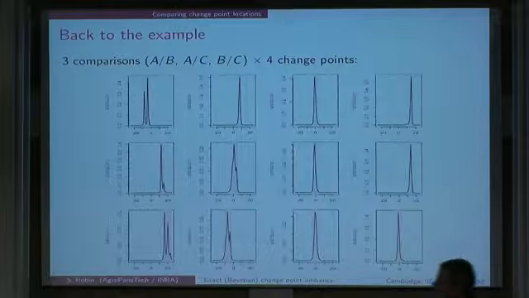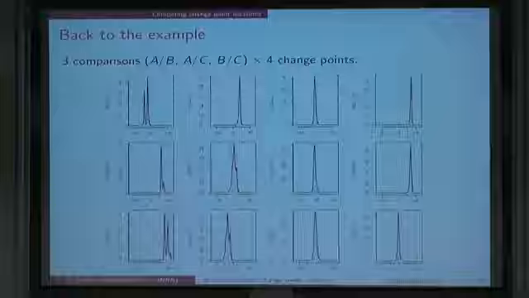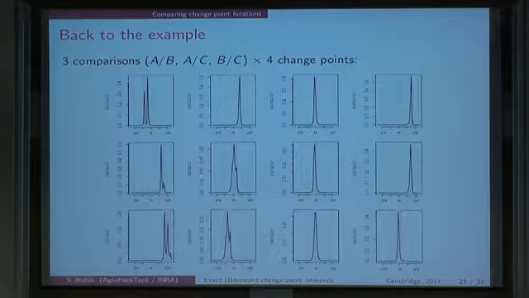Okay, and one thing which is interesting is that this posterior distribution is often multimodal. And this is typically what you may have observed when you do segmentation. When you have one good solution, the second best solution is often not one data point away, but it could be much further away because it's really a problem of discrete optimization.